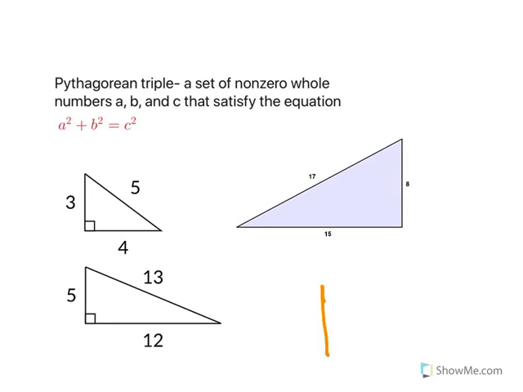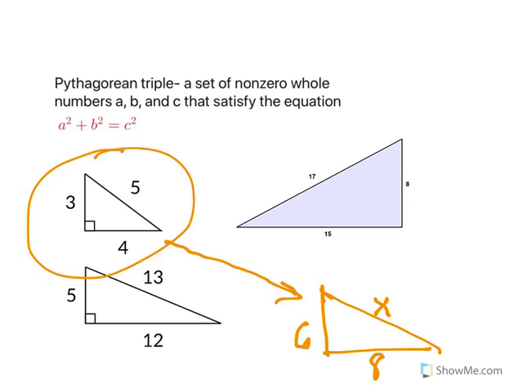For instance, if I had a right triangle, let's say it's 8 and 6, and I want to solve for x, well, I can notice these numbers are very similar to my 3, 4, 5 right triangle.